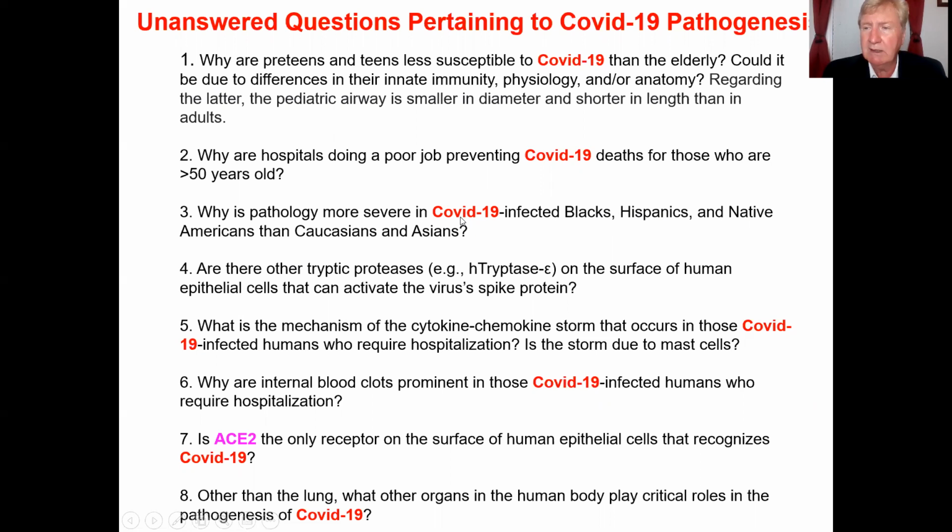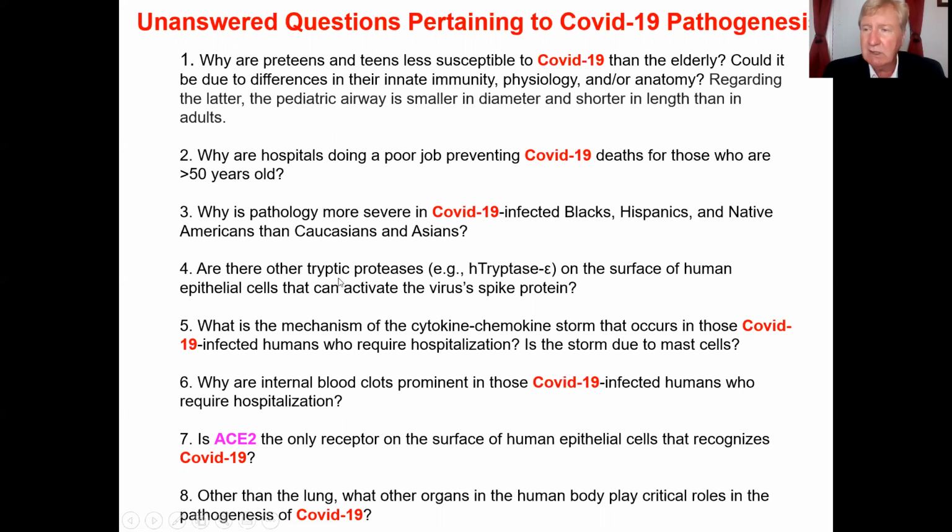We're starting to make some discoveries. I think it's probably going to turn out that there are single nucleotide polymorphisms, or small mutations in critical genes, controlling ethnic susceptibility. Now, as I told you, COVID-19 binds to ACE2, and then a tryptic-like protease at the surface of the epithelial cell activates it.